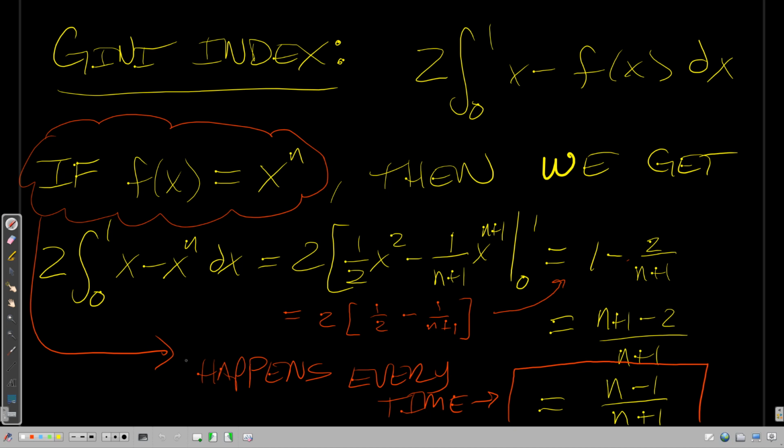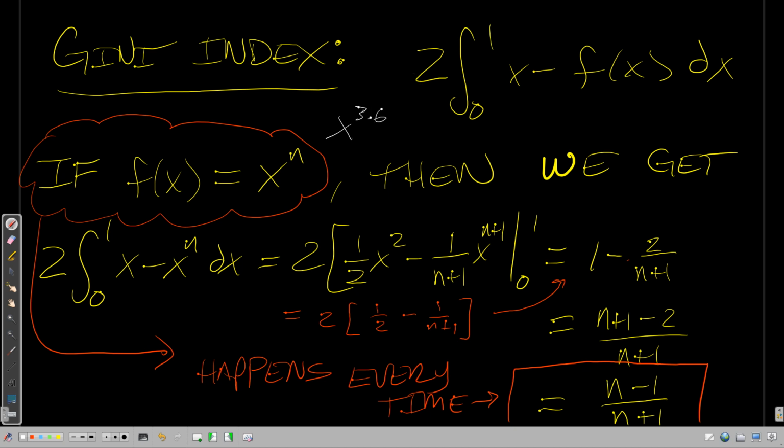The Gini index. I don't know if you noticed yet, but that Gini index, if it has the f of x part of this thing called the Lorenz curve, it's usually just some x to some power, like, I don't know, x to the 3.6.